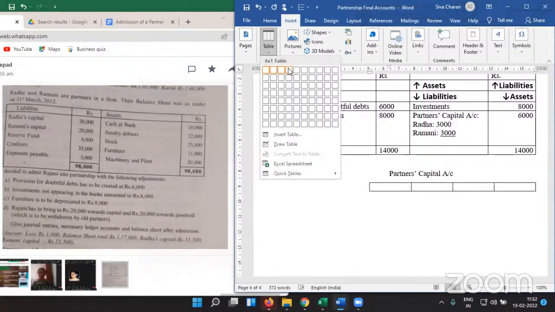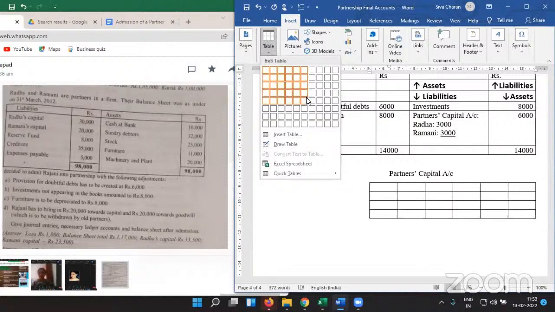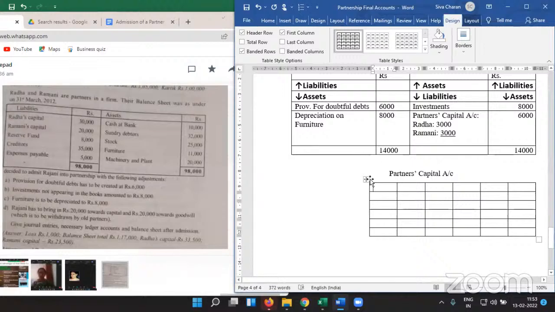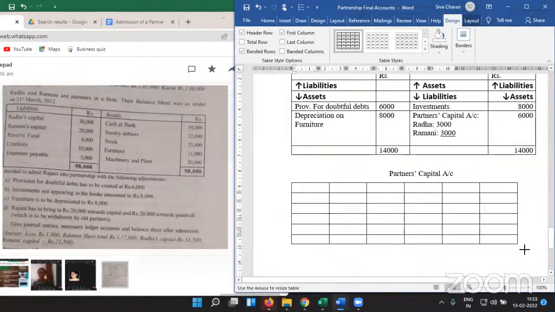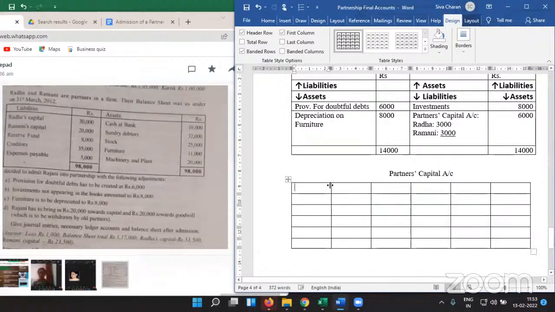We need two partners, so 6 columns we need to open. Right. This is the debit column and this is the credit column.